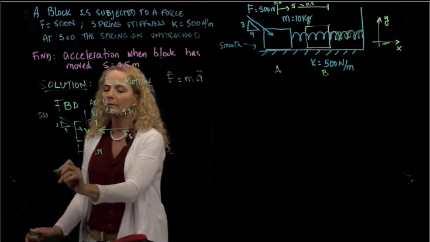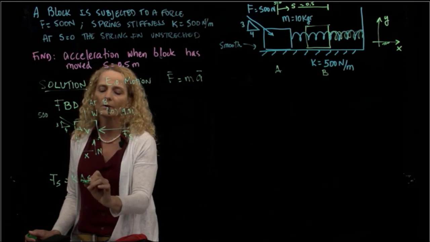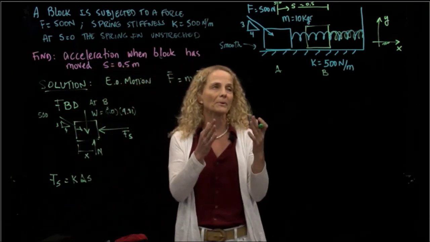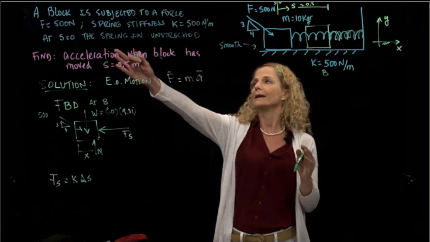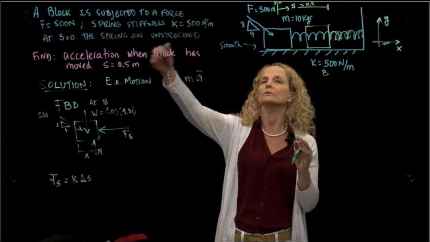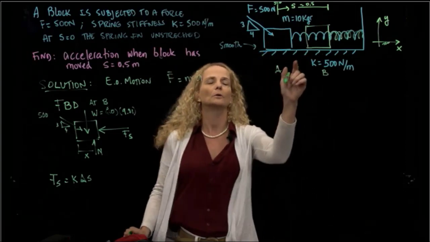How much is that spring force? It is K times what I have stretched or compressed the spring. In this case, the spring is unstretched at the 0 position, S equals 0, and I compressed the spring 0.5.